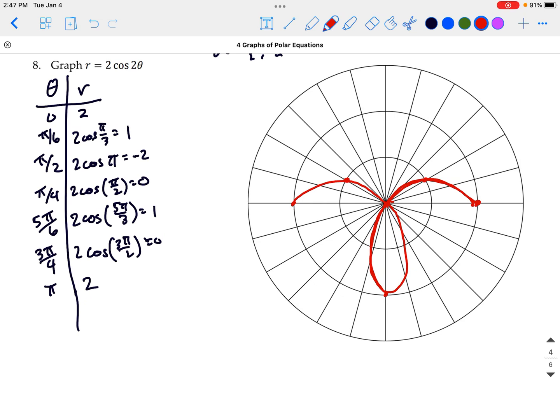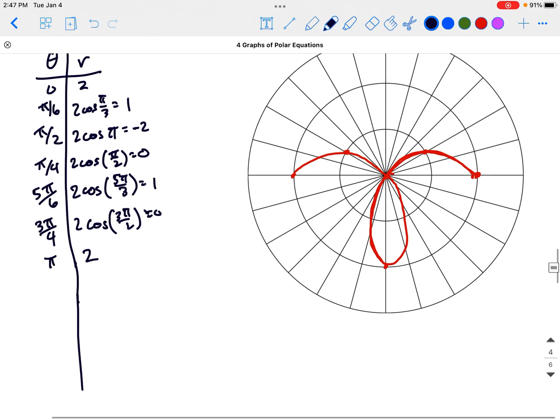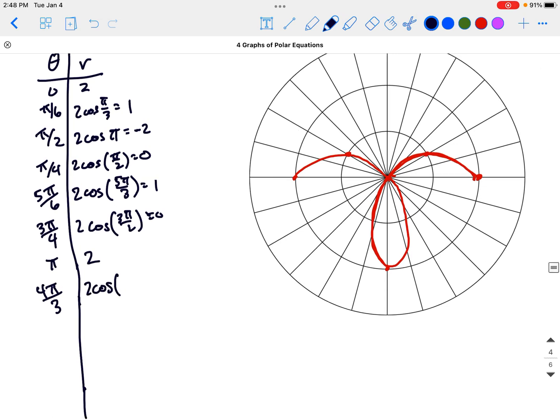And now we can kind of see how our rotation is going to work here, but our picture does look a little different. So maybe we'll keep plotting points here. Because note, we're not done yet like we were with the 3 theta. So we'll do 4 pi over 3, which would be 2 cosine of 8 pi over 3.